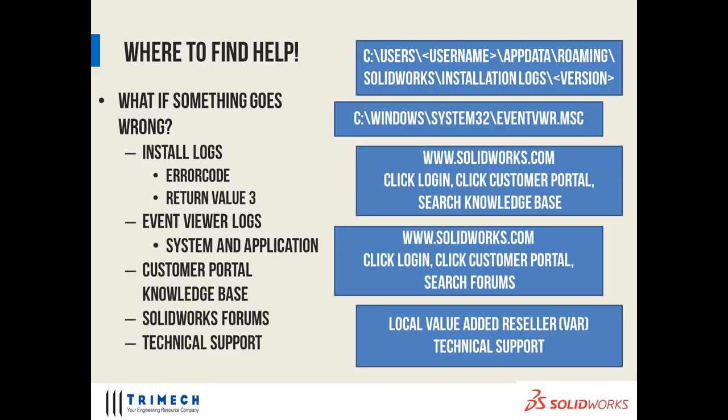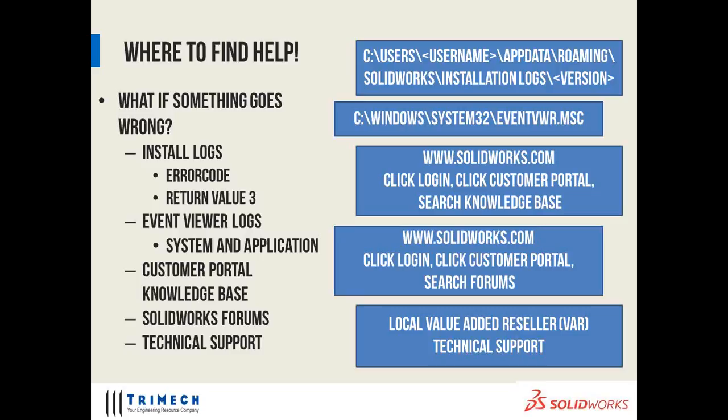The two different pieces of information that you can search for inside of the install logs that will take you to the code or the reason why the install failed are error code with no space and return value 3.